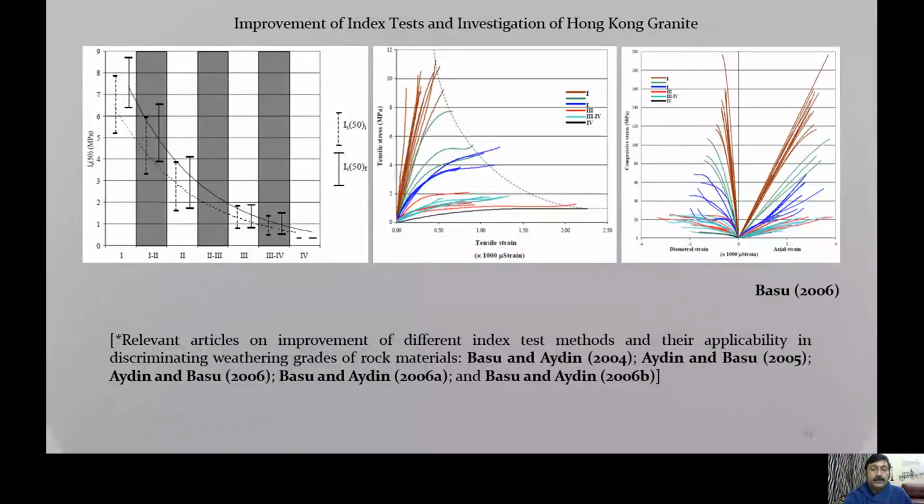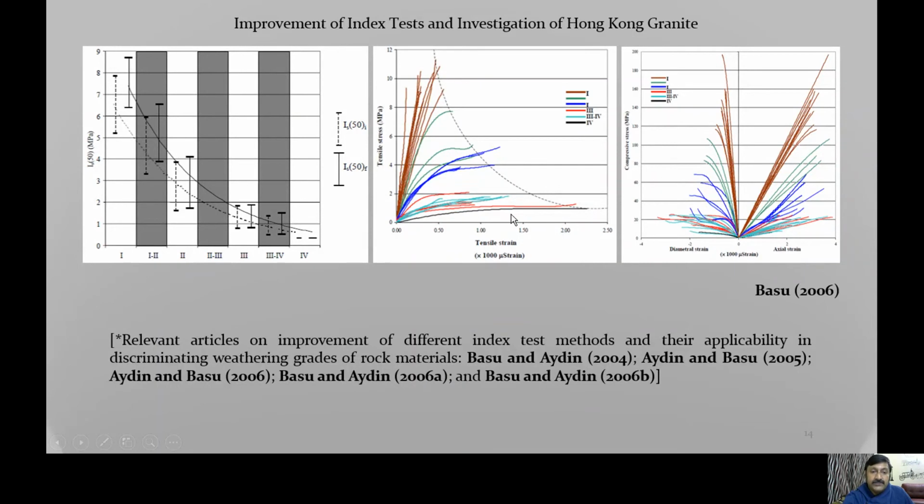So what we did, we pasted strain gauges parallel to the horizontal direction and orthogonal to the loading direction, and we tried to find out the induced tensile stress, which comes from the tensile strength formula of the Brazilian test, and the corresponding tensile strain, that is the strain perpendicular to the loading direction, with the help of that strain gauge. And this is how the stress strain graphs look like.